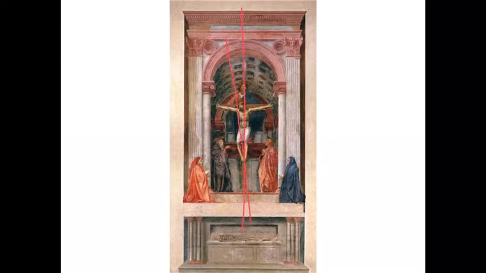We can test this out by drawing lines through our orthogonals to see where all the lines converge. We can see that the vanishing point is right there.